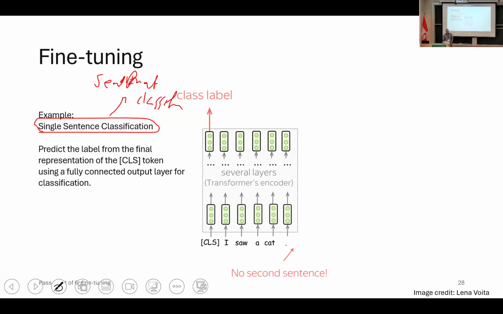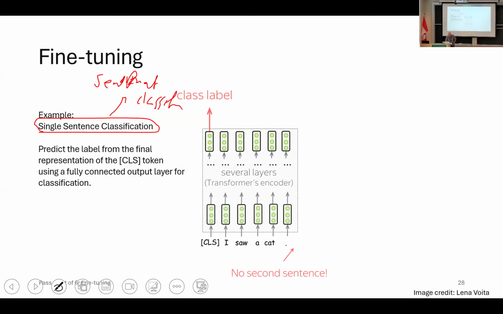For that, you can load BERT and embed those reviews into vectors, and then use the CLS vector to train a classifier, right?